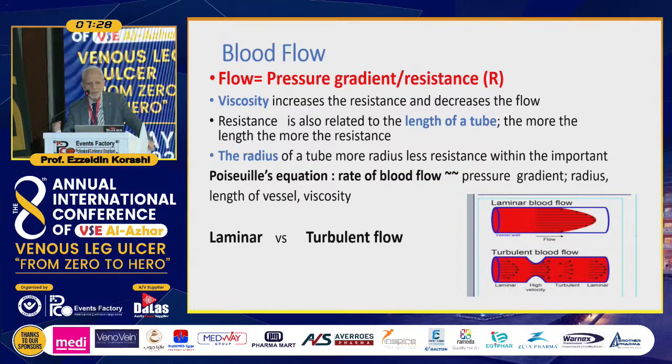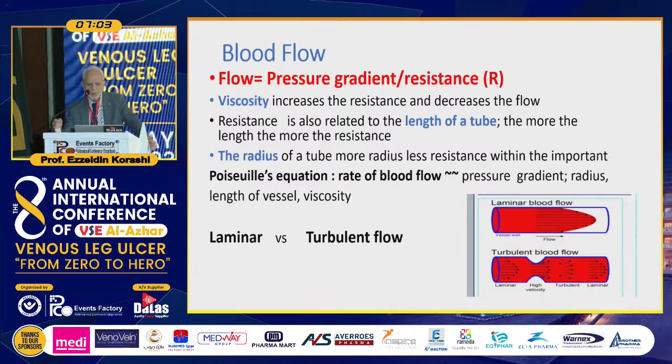Blood flow, as we said, is a pressure gradient divided by the resistance. Resistance is also related to many things, most of which is the length of a tube. Even junior doctors, if they use a long catheter, will find more resistance to flow. Shorter catheters have less resistance, and also the diameter.